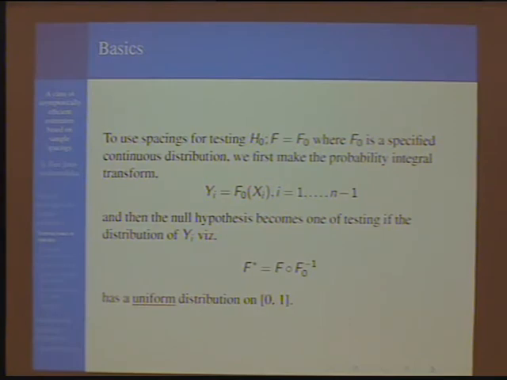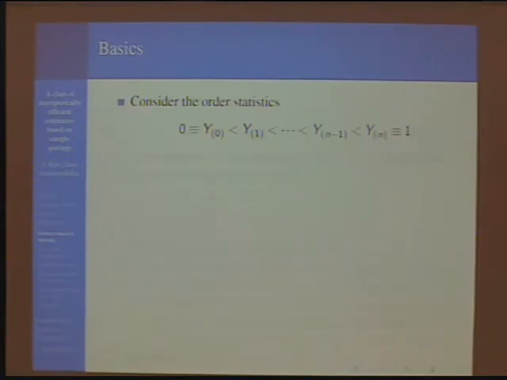So F is F naught. Apply F naught to all the data and call them Yi's. The null hypothesis that F is F naught then corresponds to testing if the Yi's follow a uniform distribution. So look at this: Y1, Y2, Yn. Now you see why I picked the n minus 1 observations.